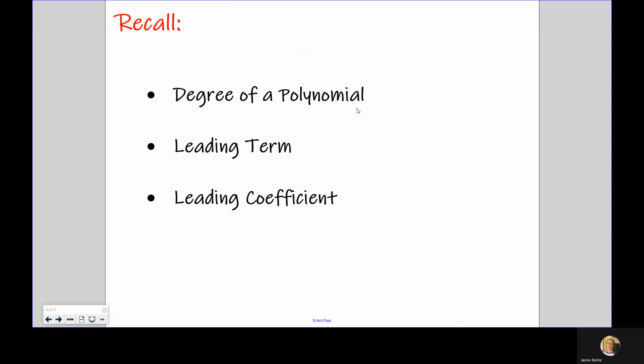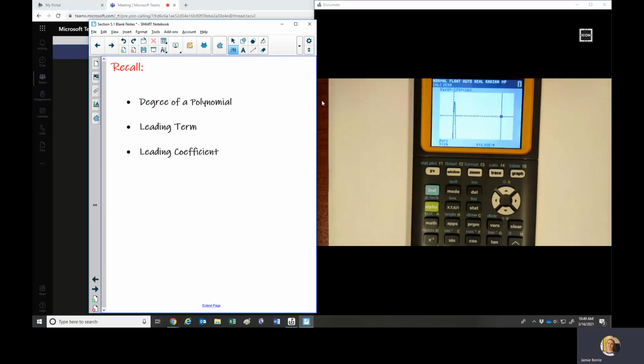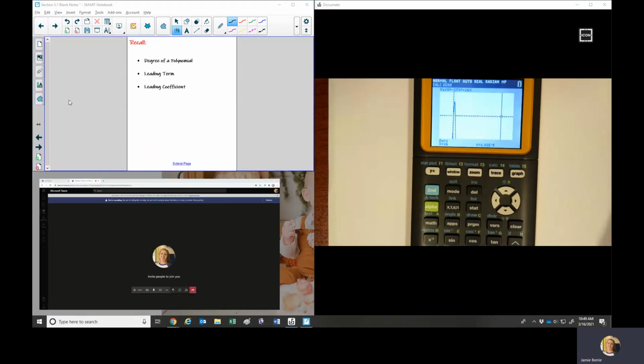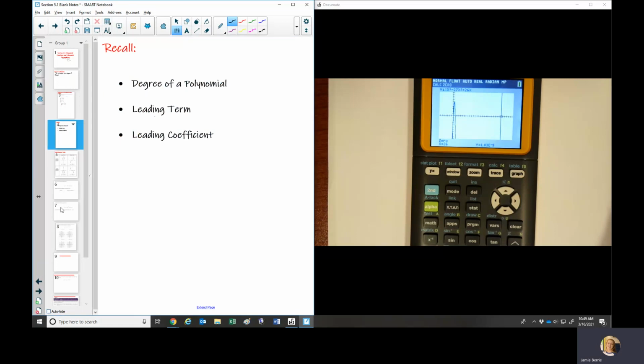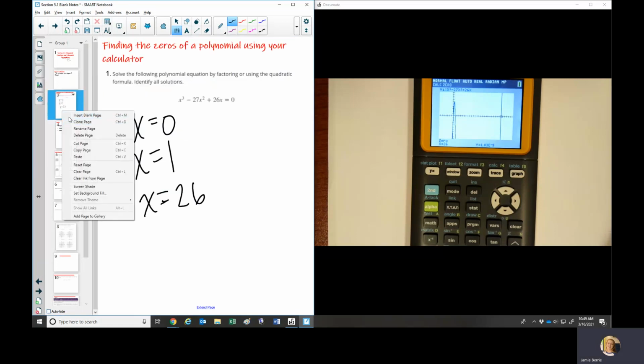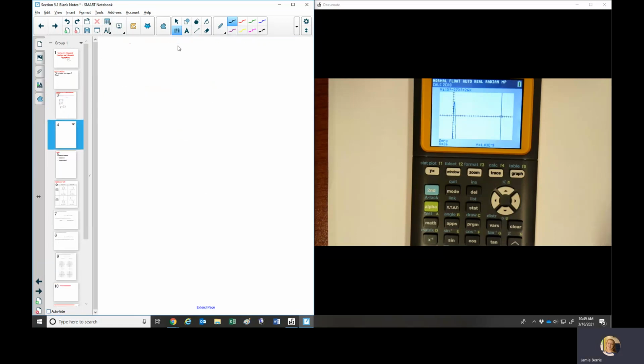Let me see if I can add in another example here. All right, so this will be a little extra example. We'll say find the solutions of the polynomial.